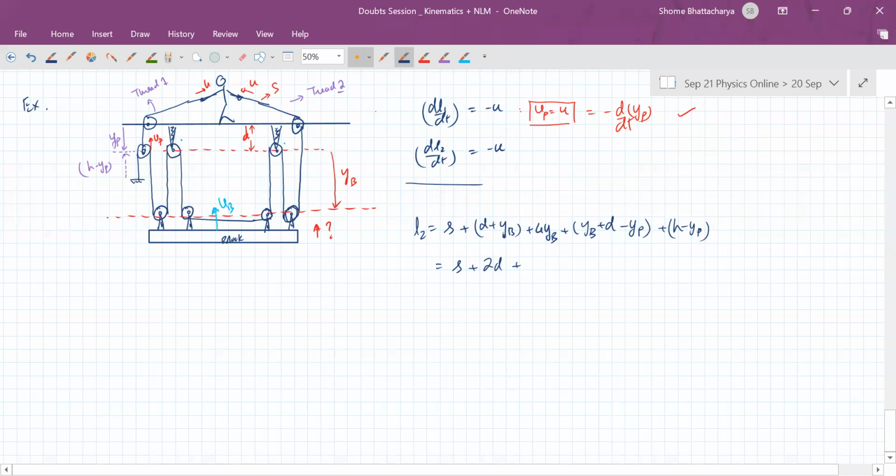So in all YB should come 4 plus 1, 5 plus 1, 6 times. 3, 4, 5, 6. Yes, it should come 6 times. Okay. So taking care of the YBs, then there is minus 2 YP plus also this H. So I'll just keep the constants aside. These two are constant terms. S is variable, of course.